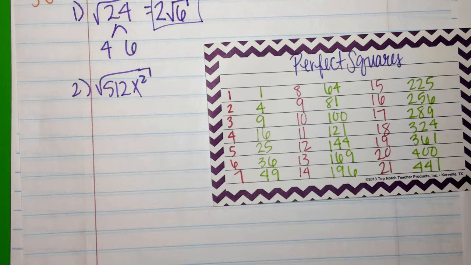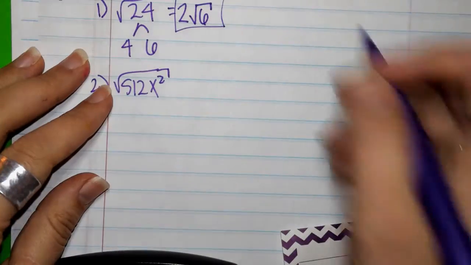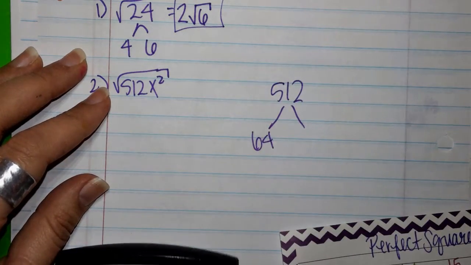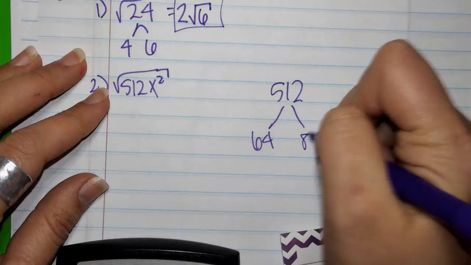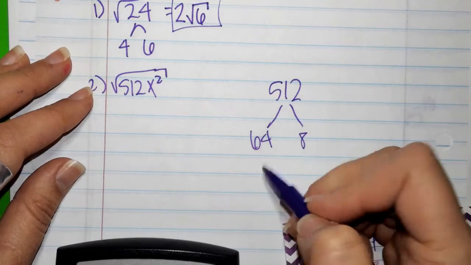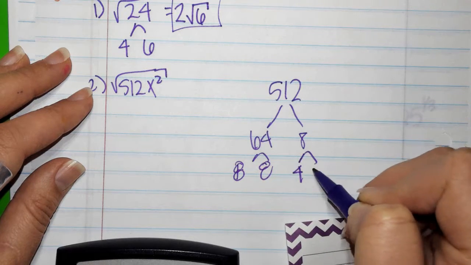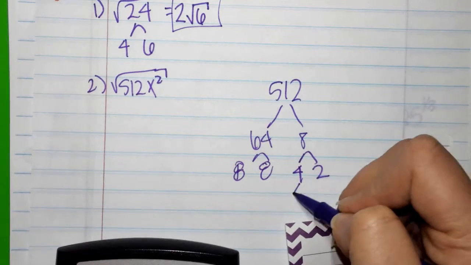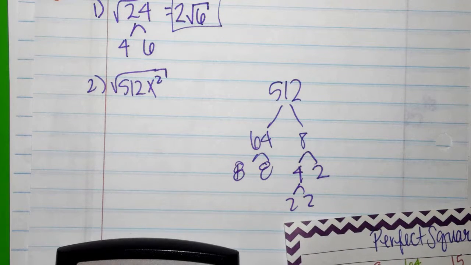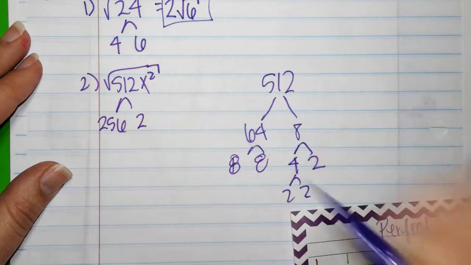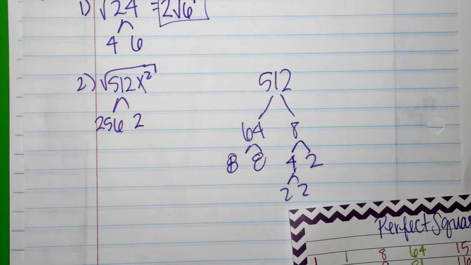Bigger. Because if we broke 512 down by 64, we would have 64 times what? 8. What's the perfect square that goes into 8? 2. It's 256 times 2. Does everybody see where I got that from?